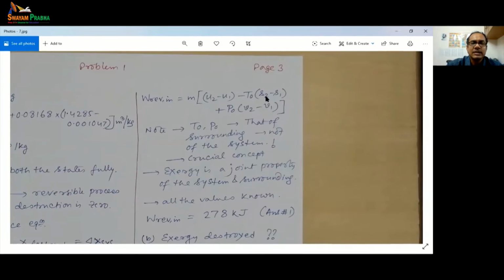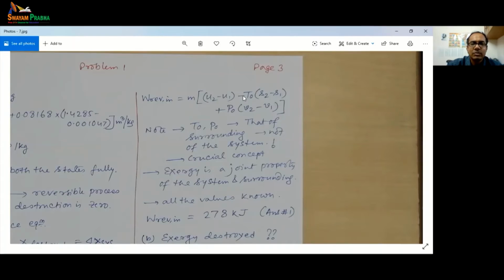Now the change in exergy of the system, by definition for a closed system, is nothing but the mass multiplied by this quantity. This quantity contains the change in internal energy, minus T naught into the change in specific entropy, plus P naught, which is the pressure of the surrounding, multiplied by the change in specific volume.